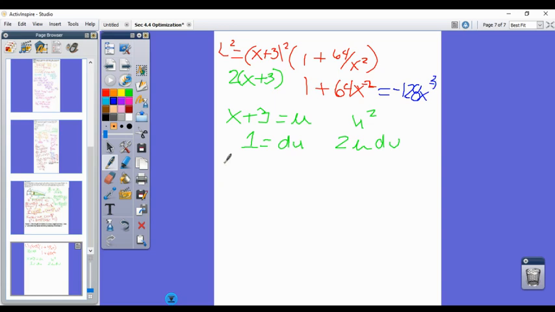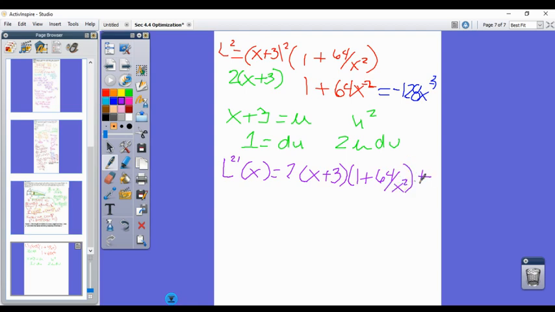So, product rule. Remember, for product rule, you do the derivative of the first times the original second, plus the original first times the derivative of the second. So I'm going to do the derivative of the first one, which is 2 times x plus 3, times my original second one, 1 plus 64 x to the negative 2.